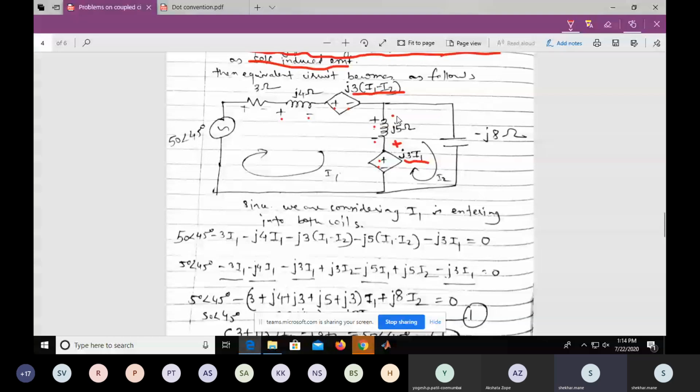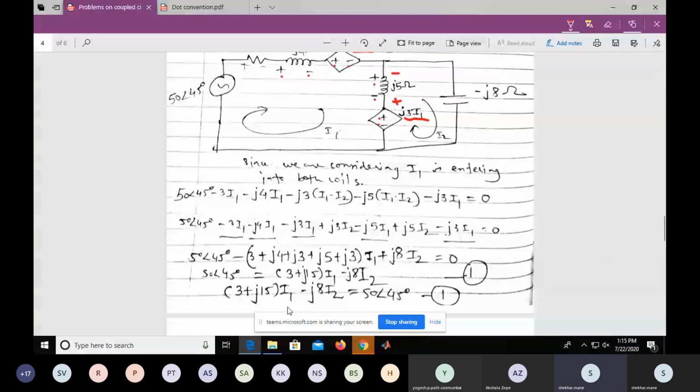For mesh 1, the polarities are already given here. After applying KVL in mesh 1, we get this equation: (3 plus j15) I1 minus j8 I2 is equal to 50 angle 45 degrees. This is equation number 1.